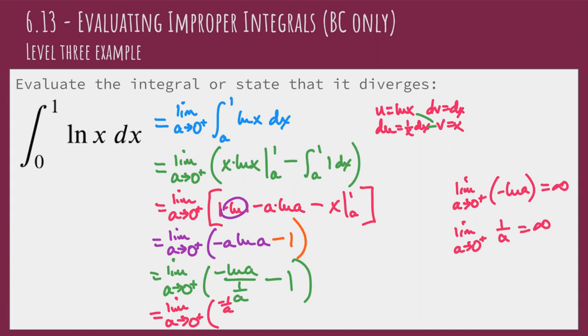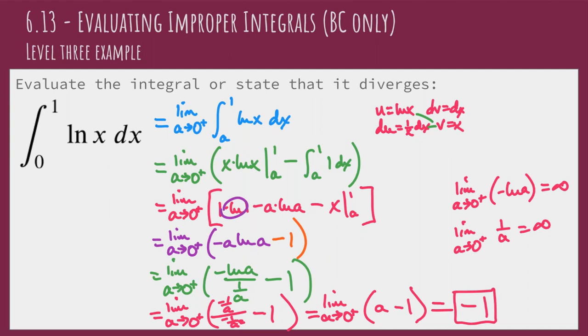The derivative of 1 over a, that's a to the negative 1, is going to be negative 1 a to the negative 2. And that expression simplifies to just a. So if we multiply top and bottom by negative a squared, get rid of the negatives, we get just a. So this is the limit as a approaches 0 from the right of a minus 1, and 0 minus 1 is negative 1.